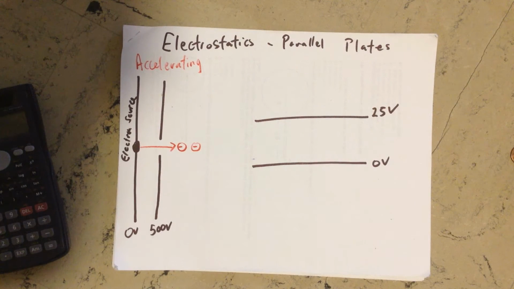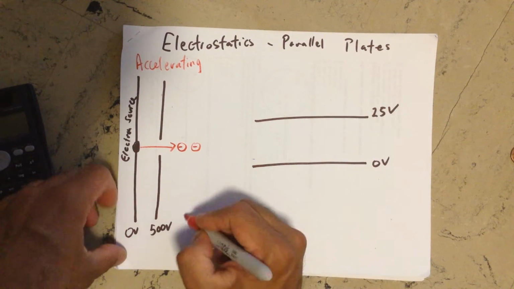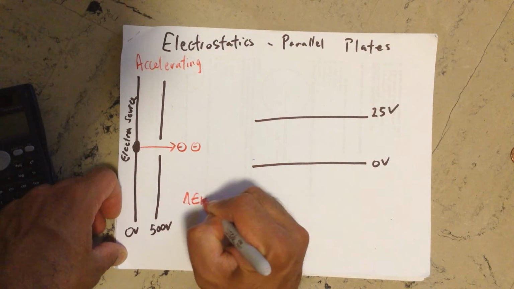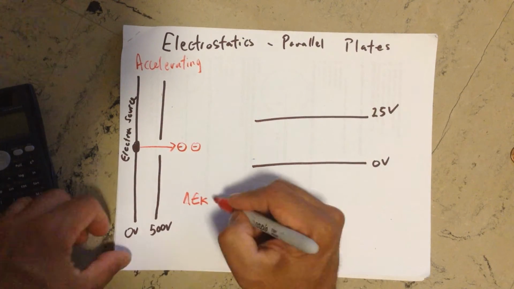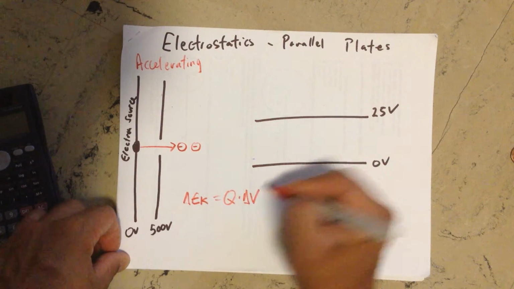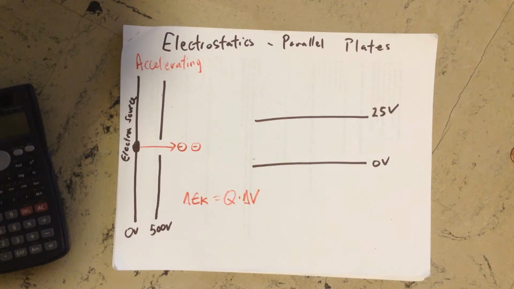So when we deal with accelerating plates, we're looking at a change in kinetic energy for those electrons equal to the charge times the potential difference, the voltage through which they're accelerated.